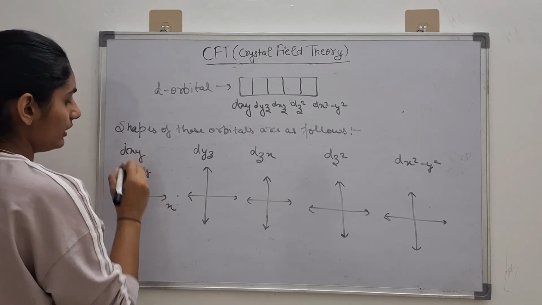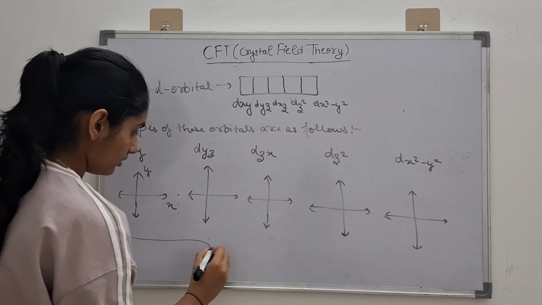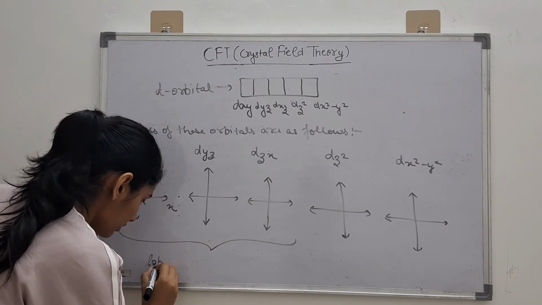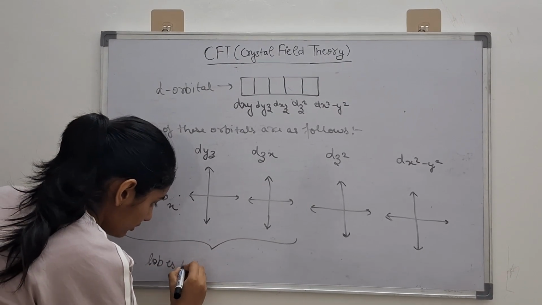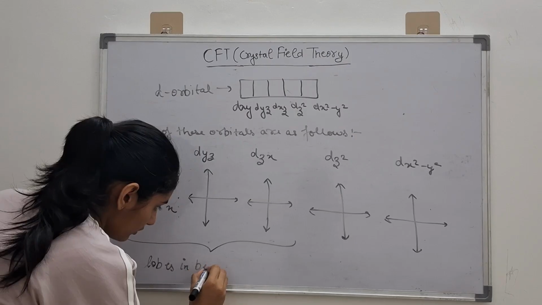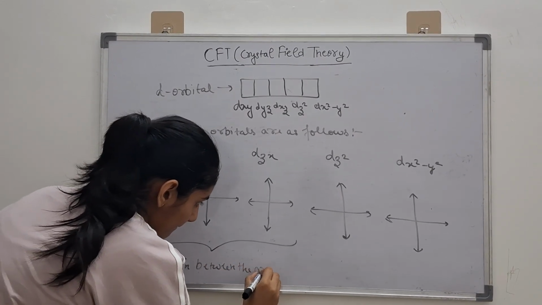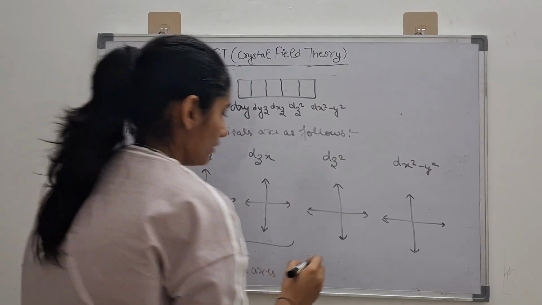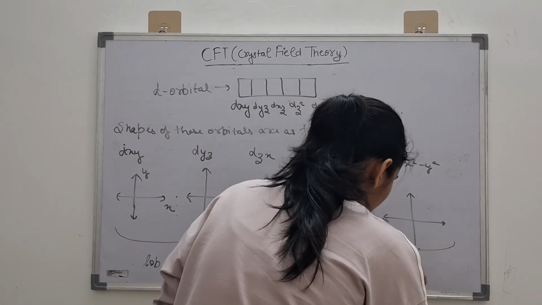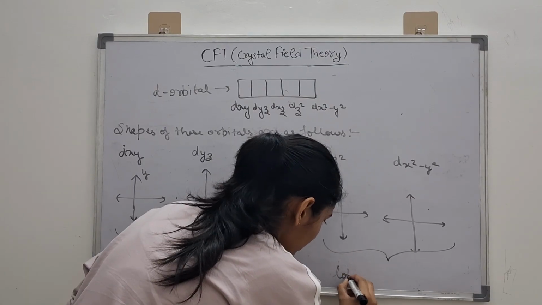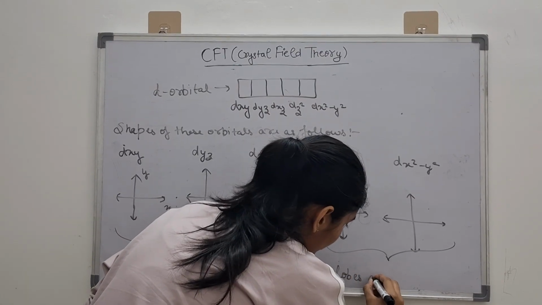These three have lobes in between the axes.